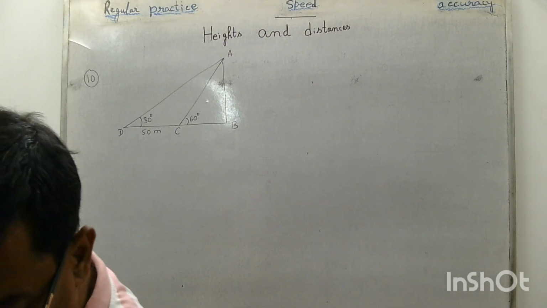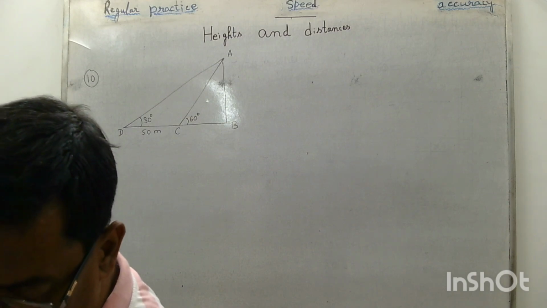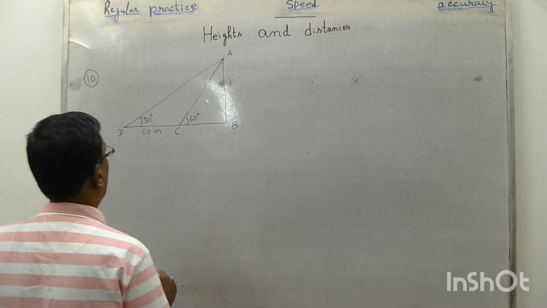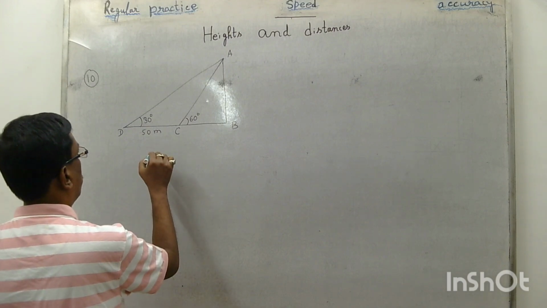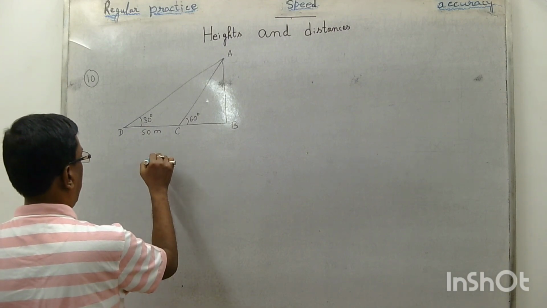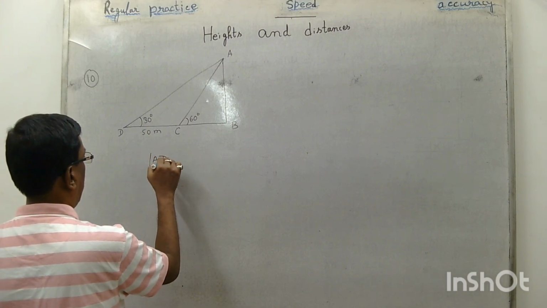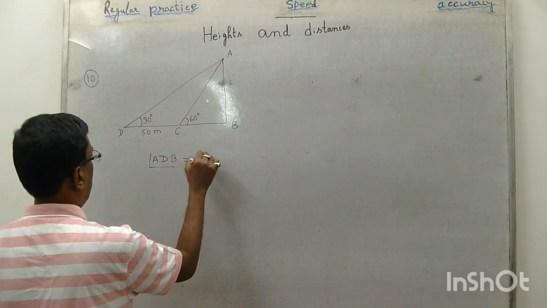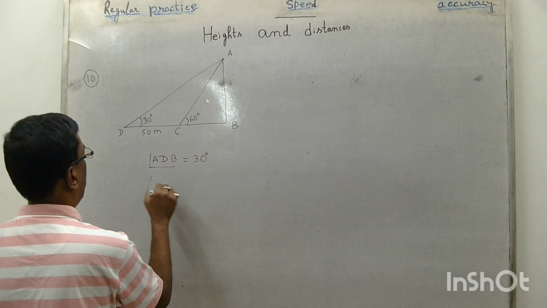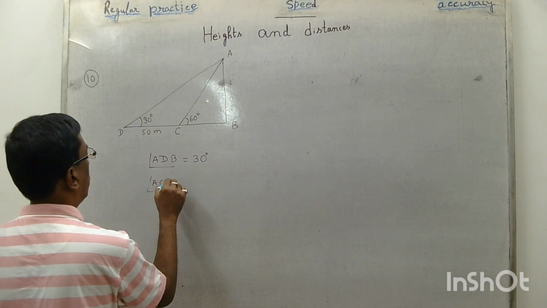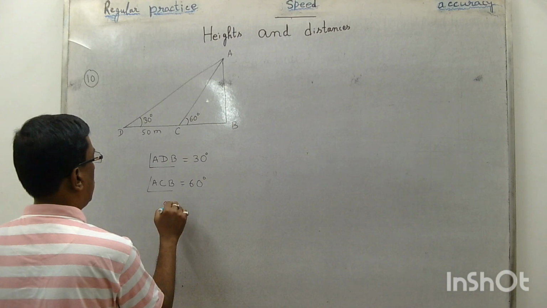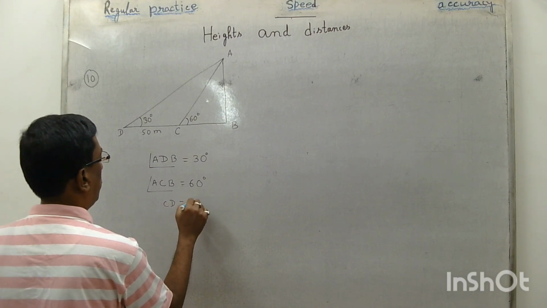What we have to find? We have to find the height of the tower. That means AB. So angle ADB, it is 30. Angle ACB, it is 60. CD 50 meter.